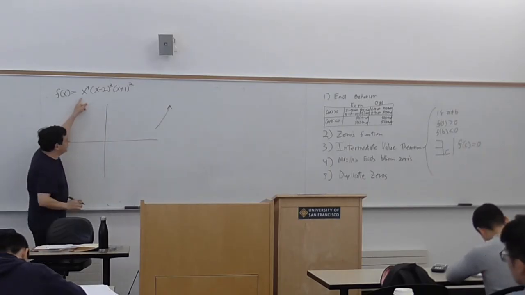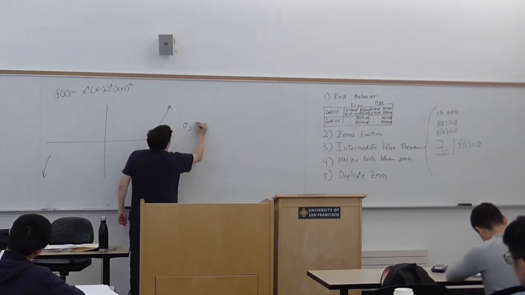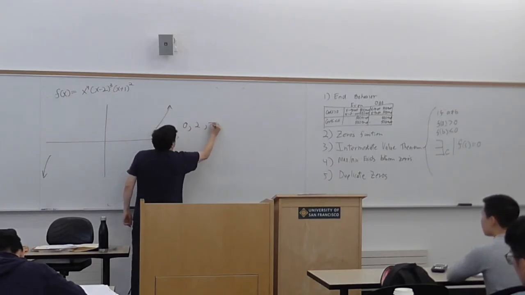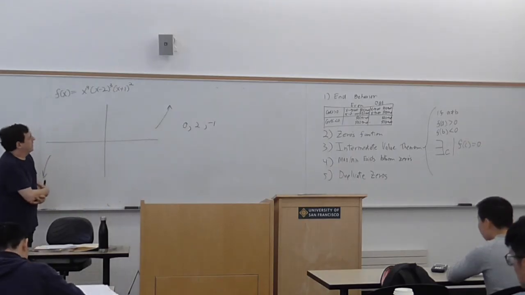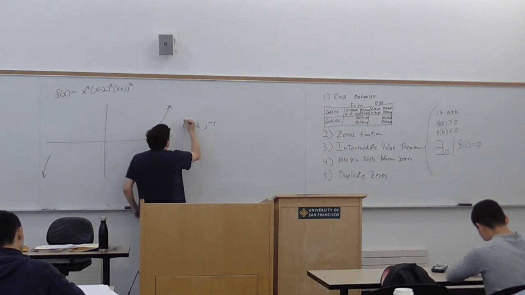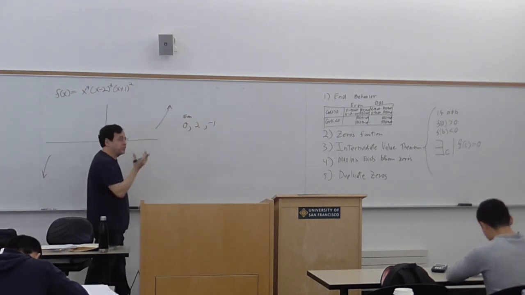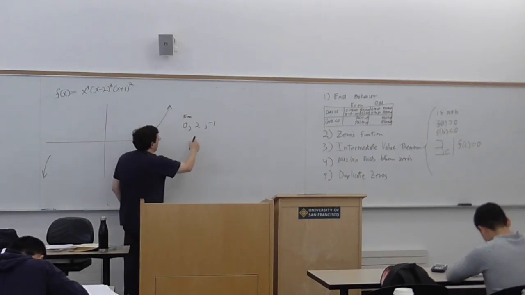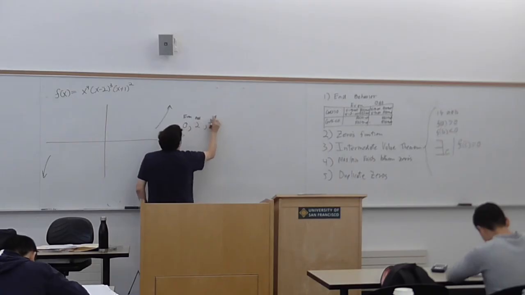In between, we see we've got zeros at 0, 2, and negative 1. However, at 0, we have an even number of roots, 4 zeros. At 2, we have an odd number. And at minus 1, again, an even number.